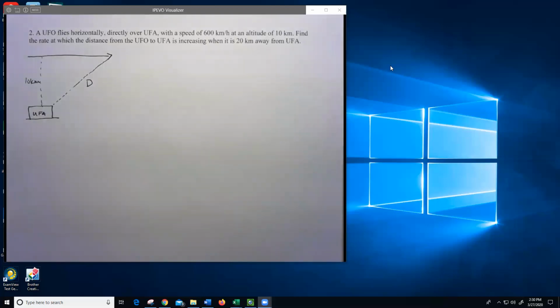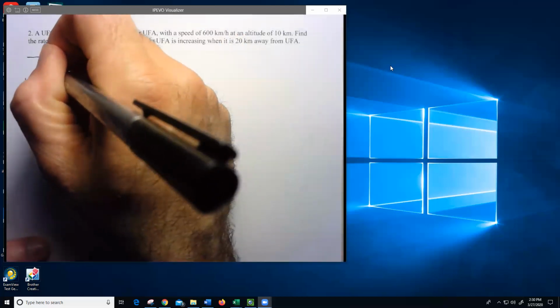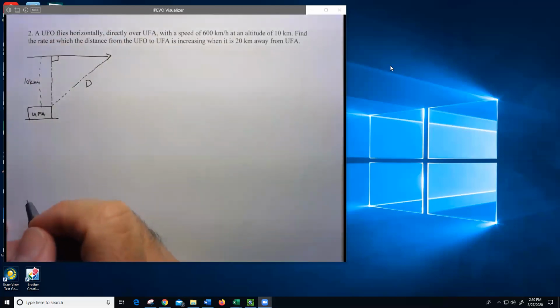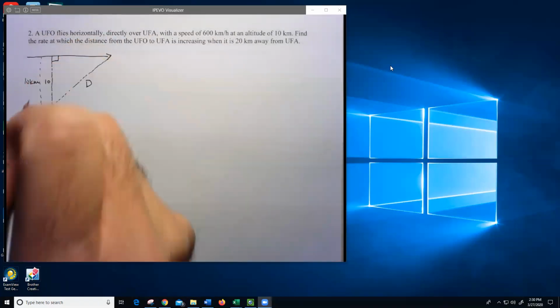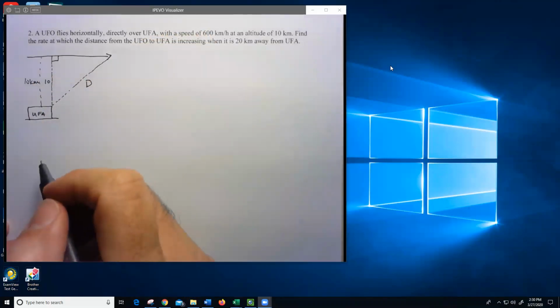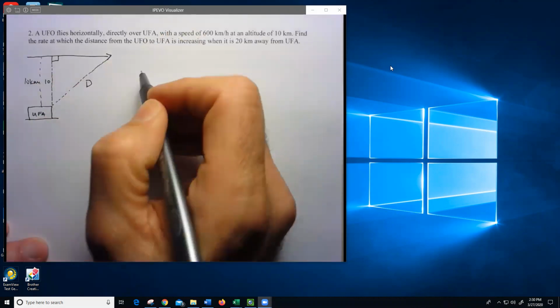There you go, good old Pythagoras. The idea here is to create a right angle triangle and set it up as a Pythagoras problem. I already know this side is 10. This side length here is the rate. Clearly if this is moving away, this distance is getting larger.